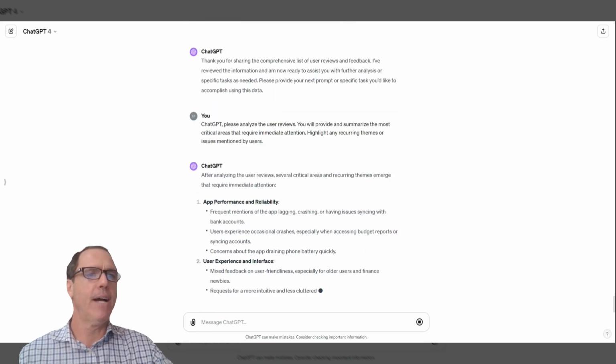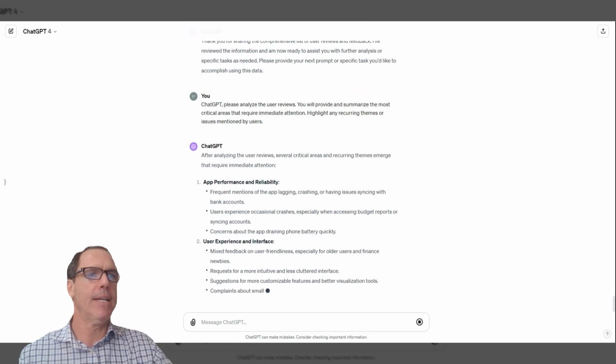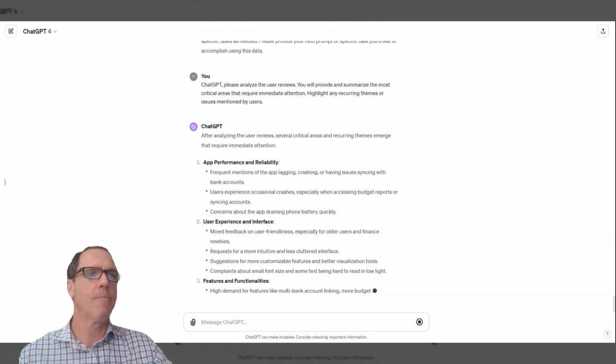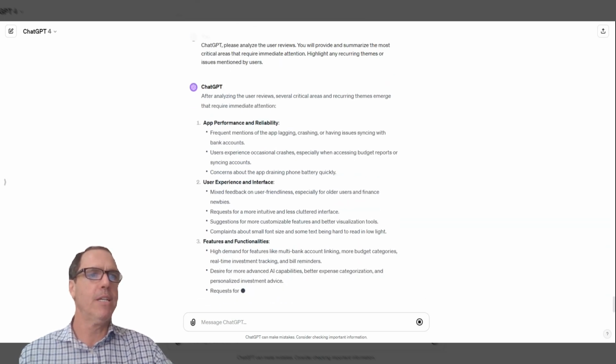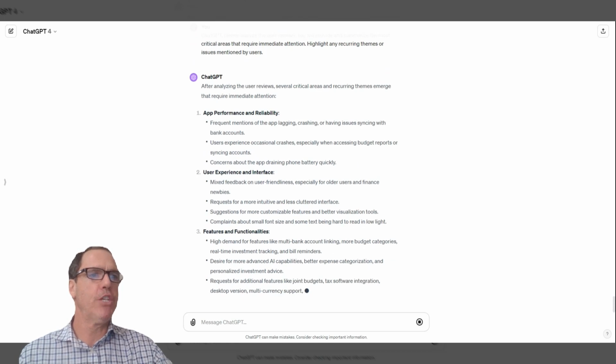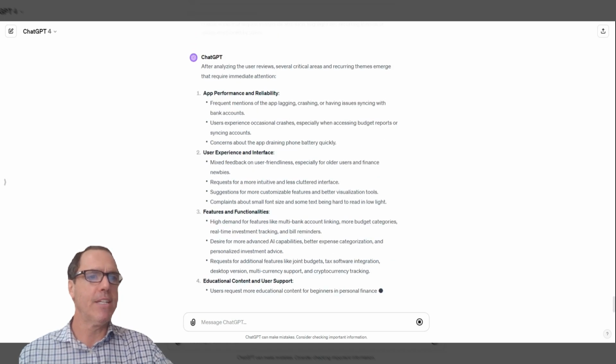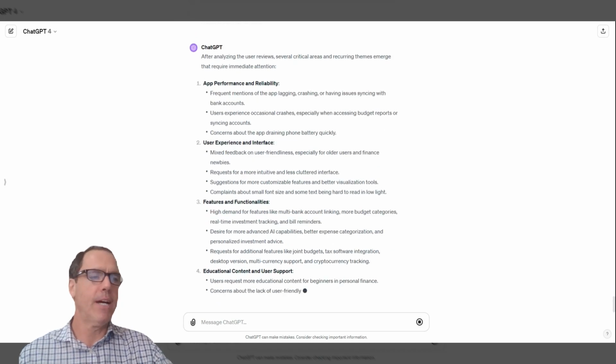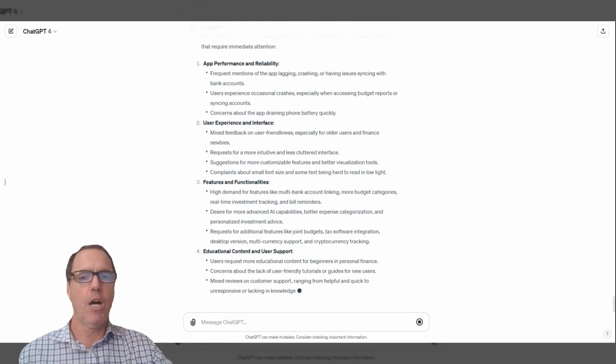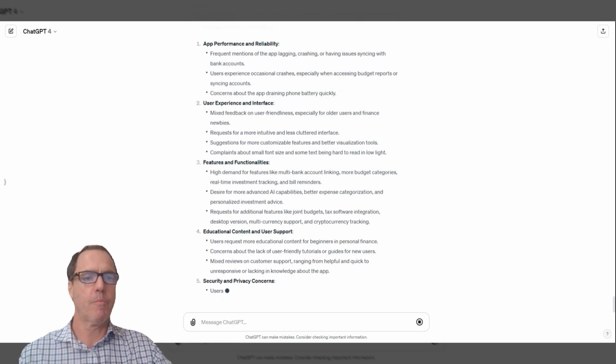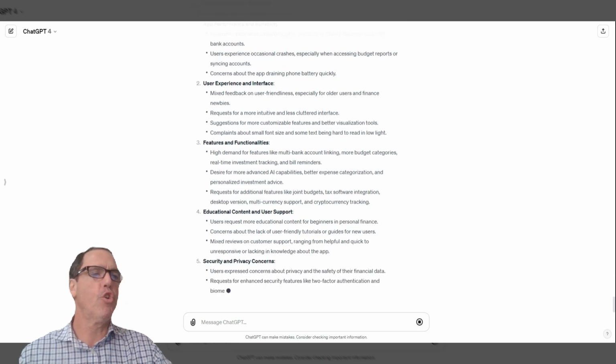So it's identified some key areas that it saw in those reviews: app performance and reliability, user experience and interface, features and functionality, and it's giving us some information about, based on what it saw the most, what these priorities could be.